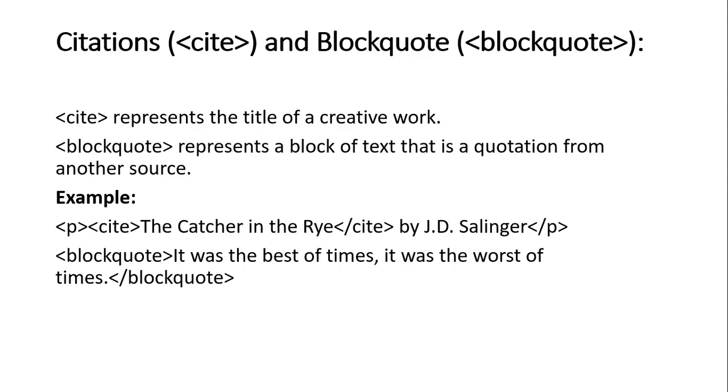Then I write the author name also, and close with the paragraph tag. And the next sample is the blockquote tag. It starts with the blockquote tag, gives some example, and closes with the blockquote tag.